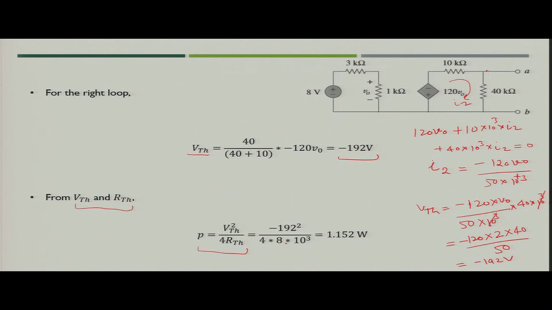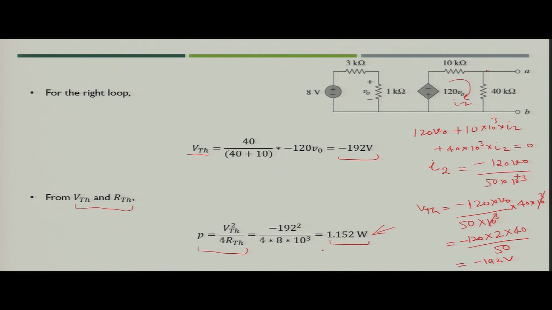So, you put the value of 8 into 10 to the power 3, and when you simplify, you will get the value of the power being transferred to the load as 1.152 watt, and this would be the maximum power which is being transferred to the load connected across the terminal A B.